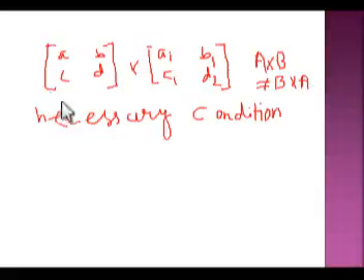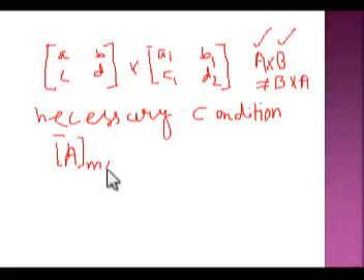So if I take A as the first matrix and B as the second matrix, and A is of order m cross n, meaning m rows and n columns, and the second matrix is P cross Q. If both are square matrices, they are easy to multiply.